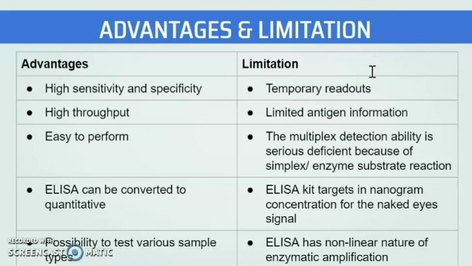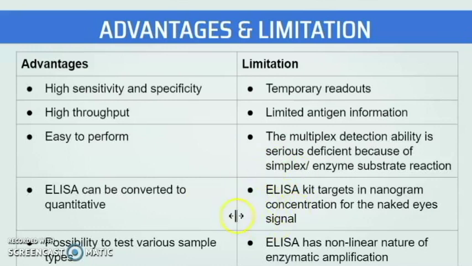In addition, only a limited amount of information, such as the presence or amount of a target molecule, can be obtained through ELISA. Then the third one is that the multiplex detection ability of ELISA is seriously deficient because of the simplex enzyme substrate reaction. Which means ELISA can only detect one antigen at a time. It cannot detect many antigens at one time.